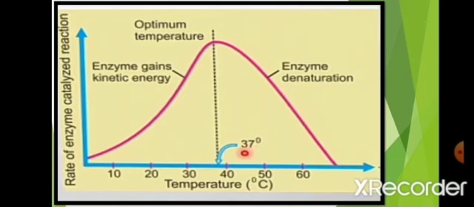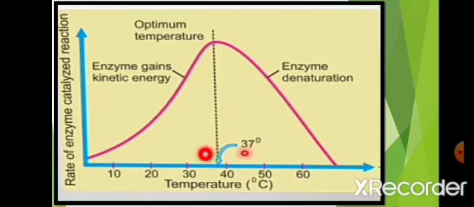Look at the graph. As the temperature increases, so does the rate of enzyme activity. An optimum activity is reached at the enzyme's optimum temperature.